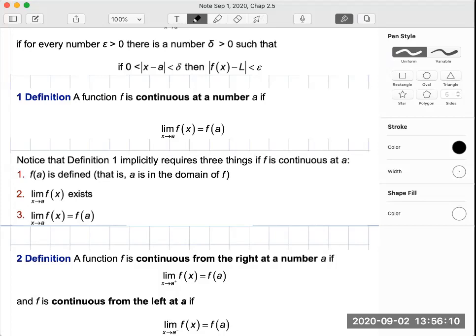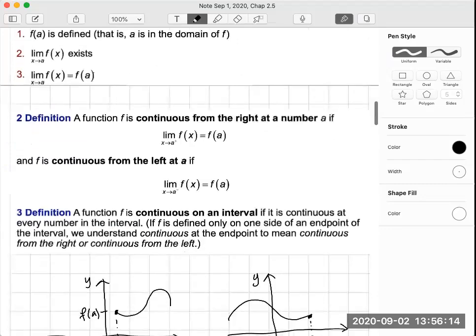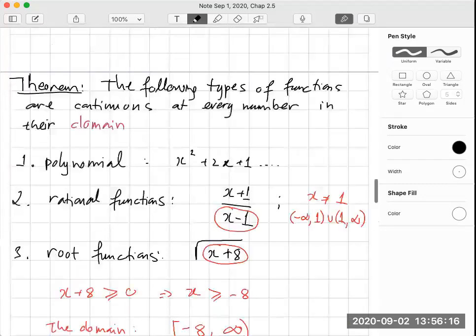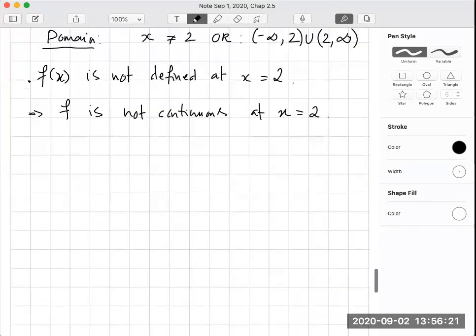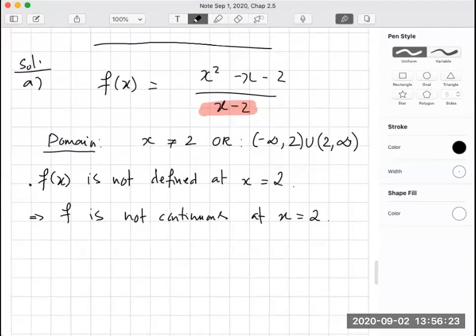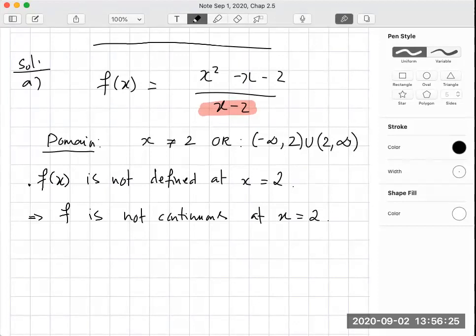But it's not true. This example does not satisfy the first condition already. So we can say that it is not continuous at this point, or it is discontinuous at this point. Okay? We don't have to do anything more. You can say it immediately.